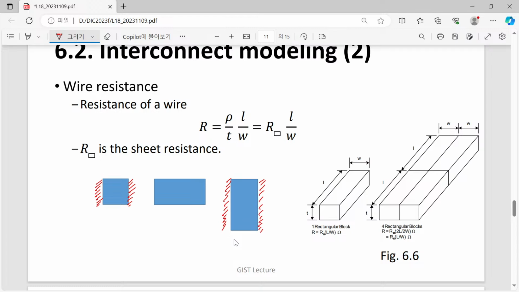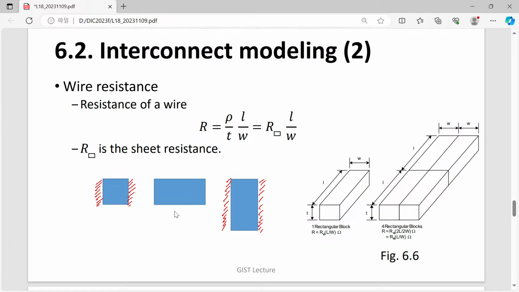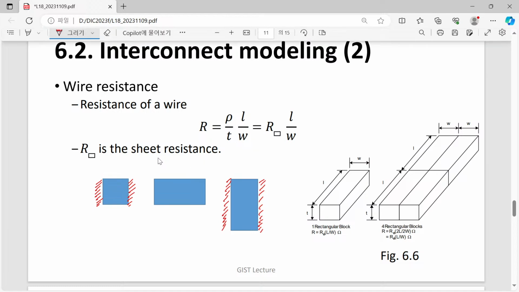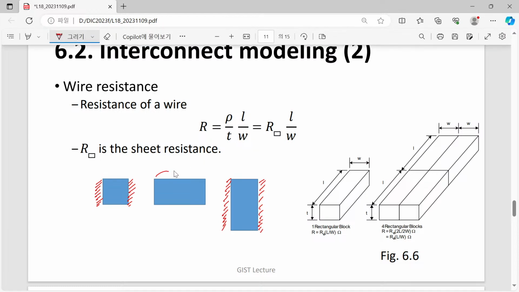You can choose how wide your wire is or how long your wire is. That is your design consideration. However, the thing you cannot change is somewhere here. Let's say this is the length of your wire and this is the width of your wire.